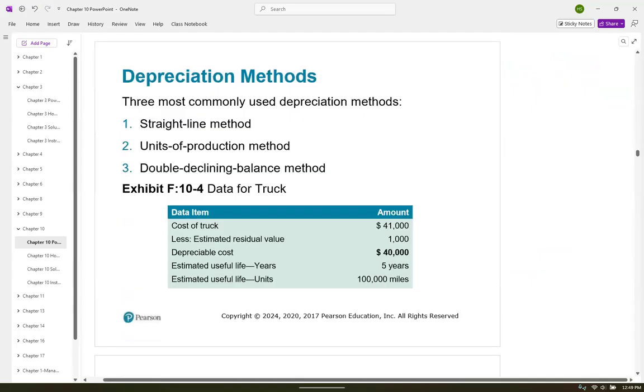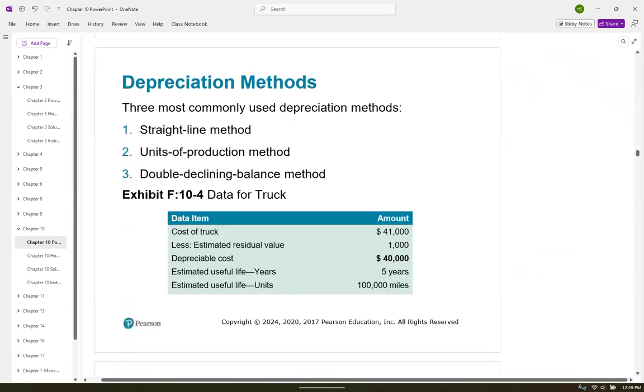So we're going to learn three depreciation methods, and we have an example right here of a truck. Here's a cost. Here's the salvage value. That's the depreciable cost. We're going to do this under three methods, so we actually need the useful life in years and the useful life in miles.